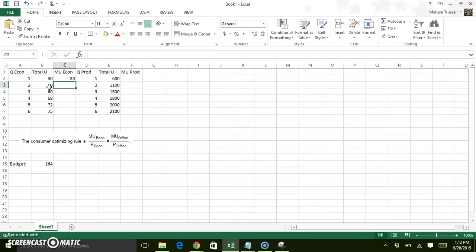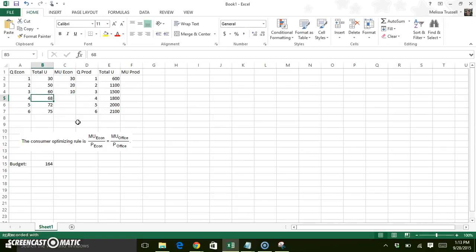So the marginal utility of adding that second subscription for us is 50 minus 30, which is 20. And we'll do that all the way down this column. So for the third, adding the third econ subscription, we went from 50 to 60 in our total utility. So the third one gave us an additional 10 units of utility. So the marginal utility of that third one was 10.